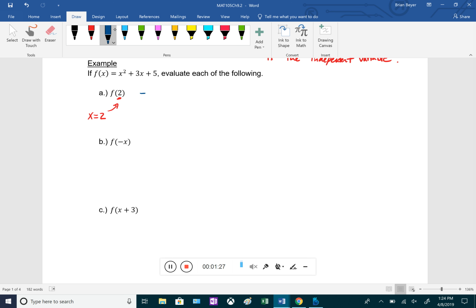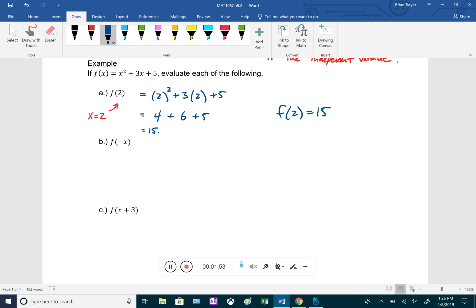It's relatively simple. All we have to do here is plug this in. So instead of the x's, we have 2. It's going to be 2 squared plus 3 times 2 plus 5. That's going to give us 4 plus 6 plus 5, which is going to give us 15. So this means that f of 2 equals 15.